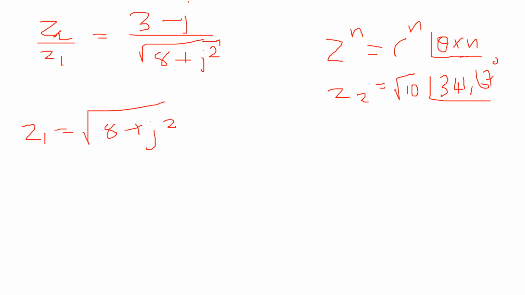So we can write this as 8 plus j2 all to the power of 1 over 2. Okay, so remember, we can just convert this one inside the bracket to polar form, and then we apply the law or theorem.